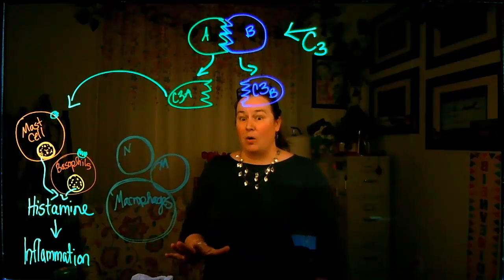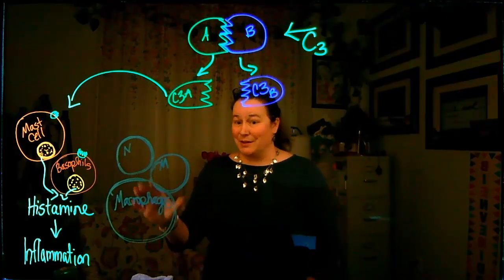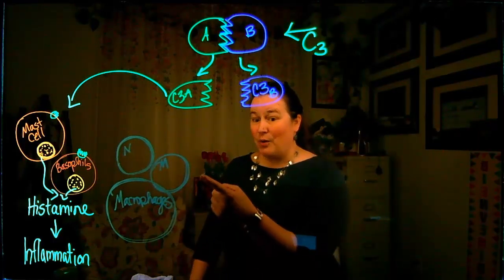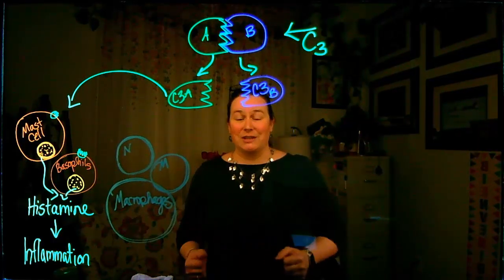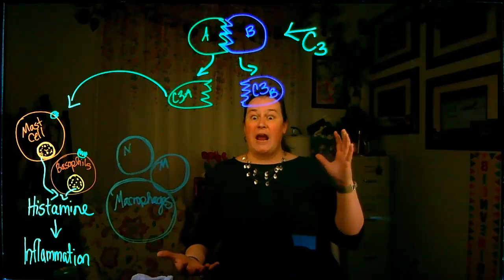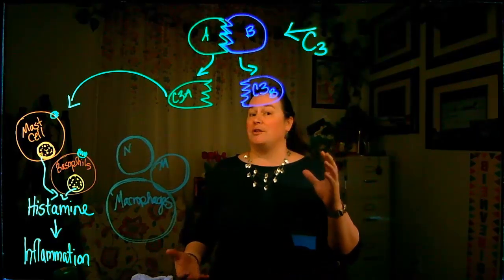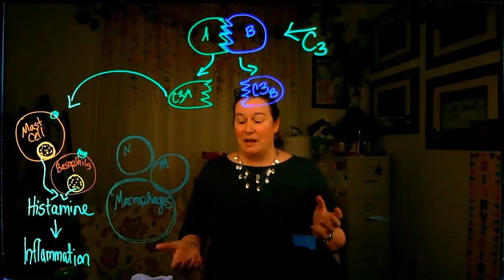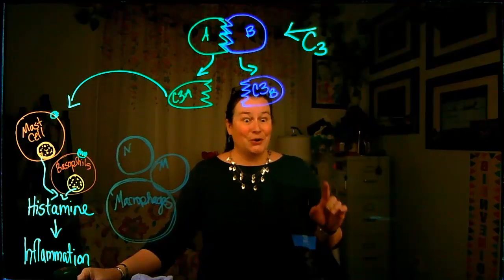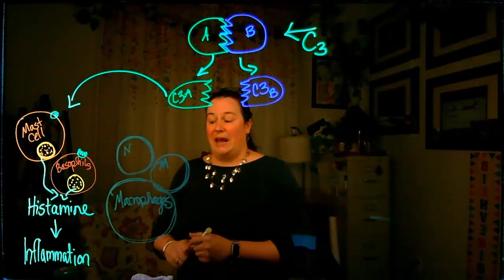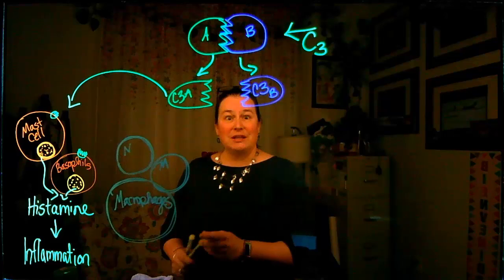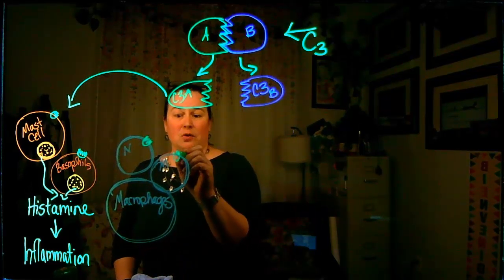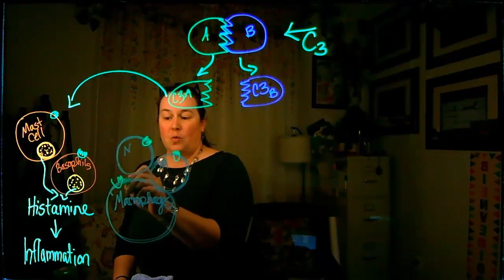Now, in homage to our white blood cells, we have some neutrophils, we have some monocytes, which are going to mature into some macrophages, and the macrophages are illustrated gargantuan because the macrophages are the large cell that goes around phagocytosing things that need to be eliminated from the body. Here's another cool feature. When C3a binds to these cells, that acts yet again as a signaling molecule. We're going to need more macrophages. We're going to need more neutrophils.